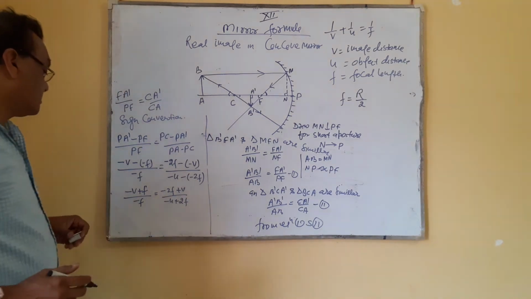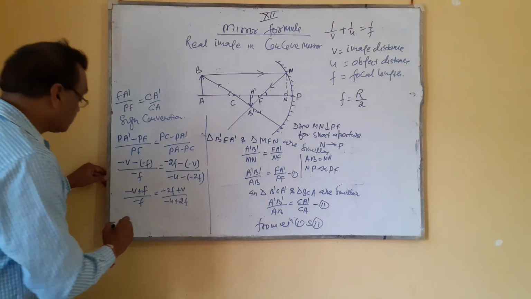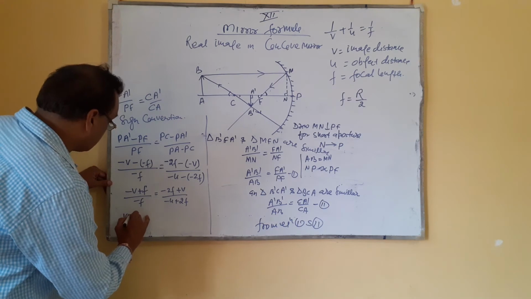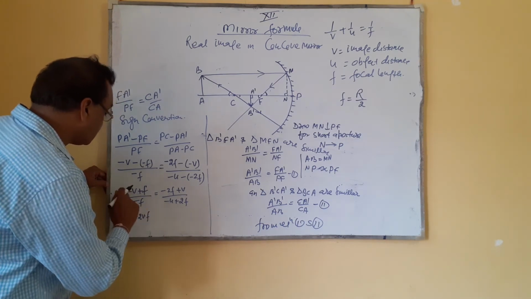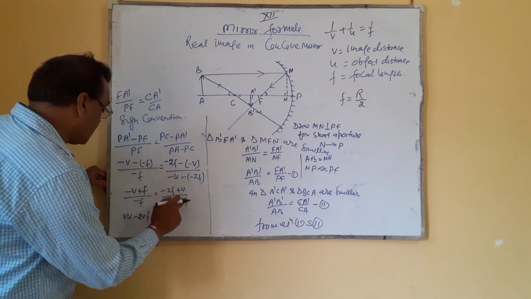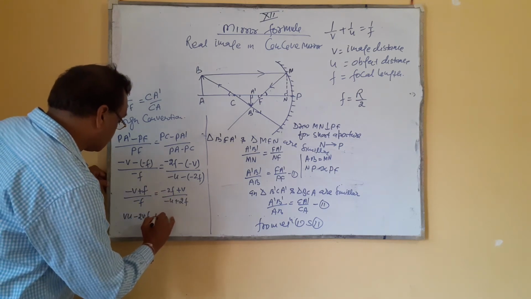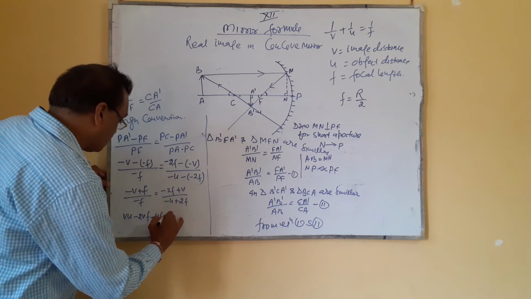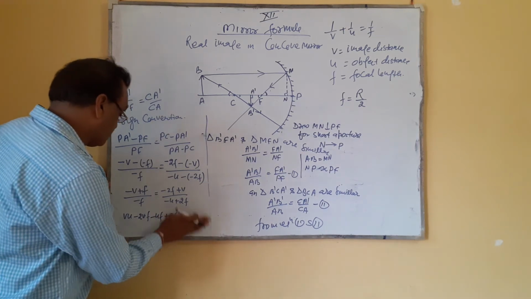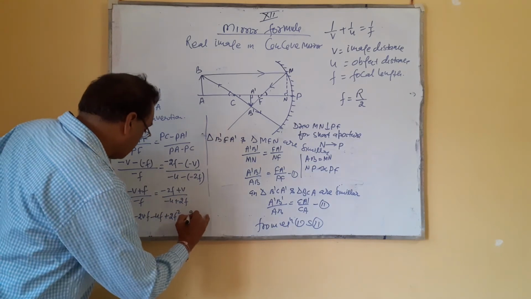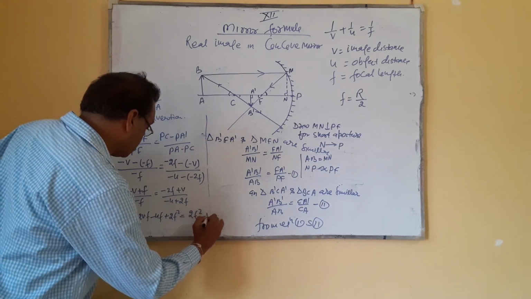Cross multiplication, what will we get? vu minus 2vf, vu minus 2vf minus uf plus 2f square is equal to 2f square minus vf.